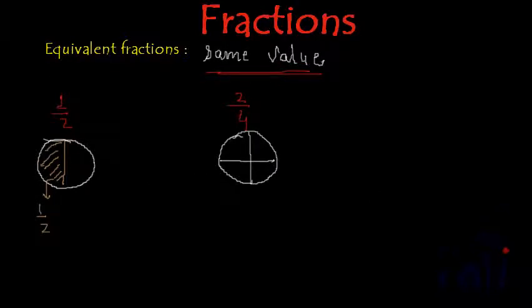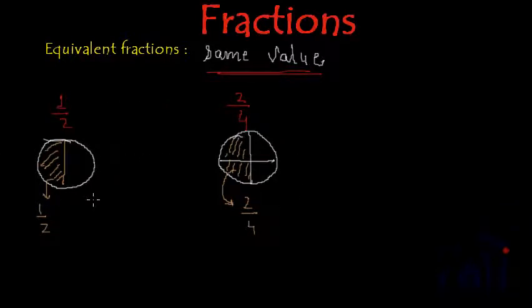And now how many parts do we have to take? The number of parts we have to take will be equal to the number written in the numerator. So we have to take 2 parts. One is this and another is this, right? And this fraction is 2/4. 2 parts out of 4 equal parts, right?